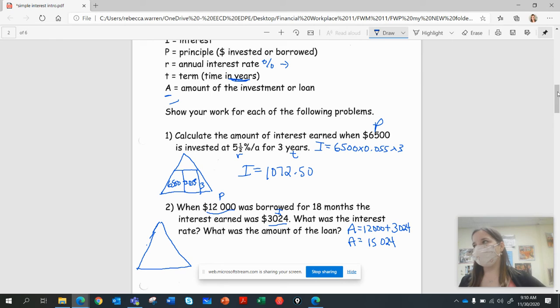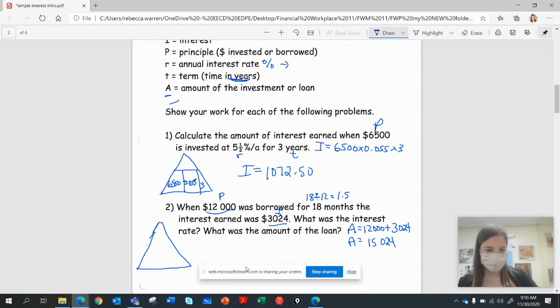Now, am I going to plug in 18 for T? No. I need to convert it to years first. So I will divide by 12, and it gives you 1.5, right? So 1.5 is what I'll plug in for T.